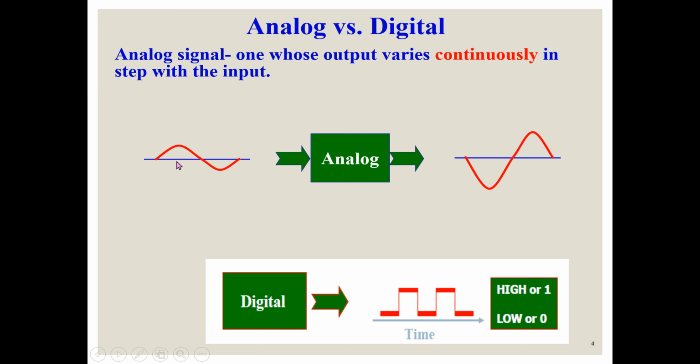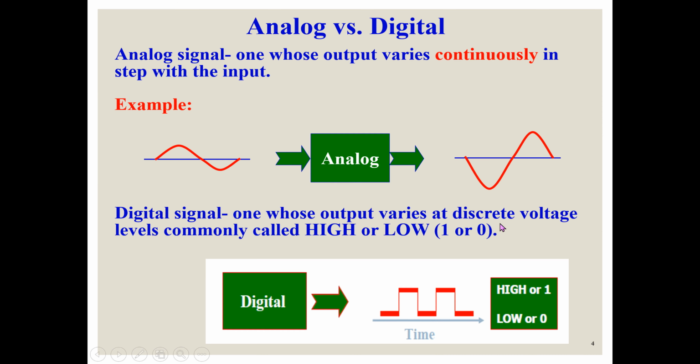Here there is some kind of amplification taking place with respect to the input signal. Or this analog signal can be used for different kinds of circuits, such as attenuators, where attenuation is nothing but de-amplification, or for an amplification circuit. So an analog signal is one which varies continuously in step with the input signal, or simply a signal which varies with time. The example is this one which we have given here.